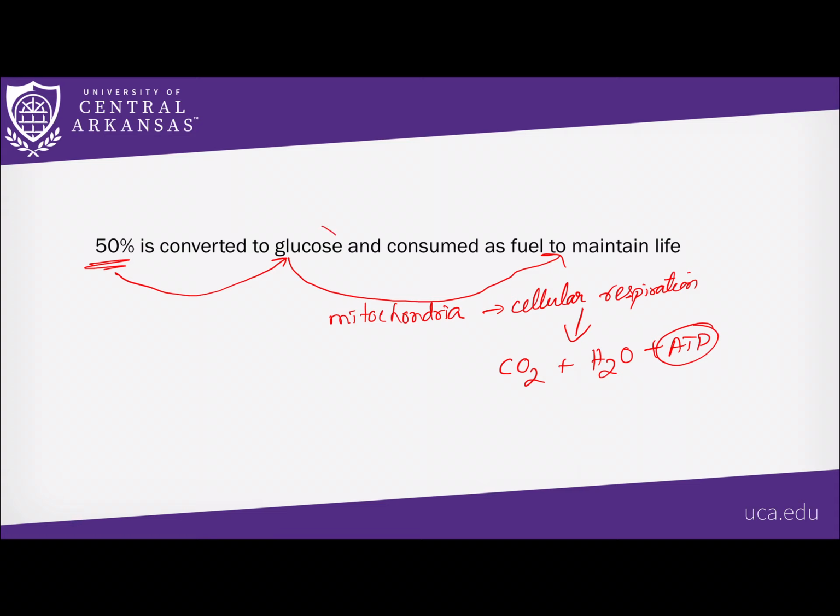So the glucose is used as the food by the plant. So 50% of the glyceraldehyde 3-phosphate is used by the plant.